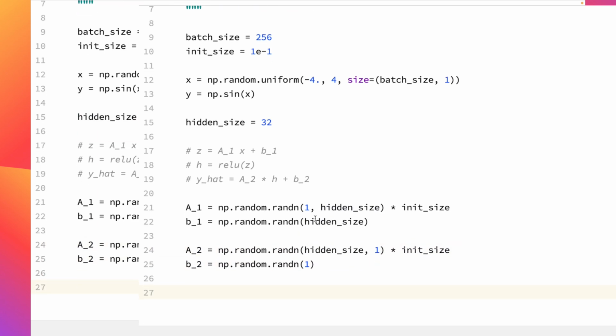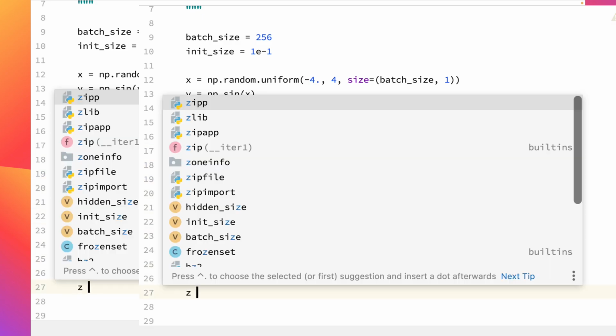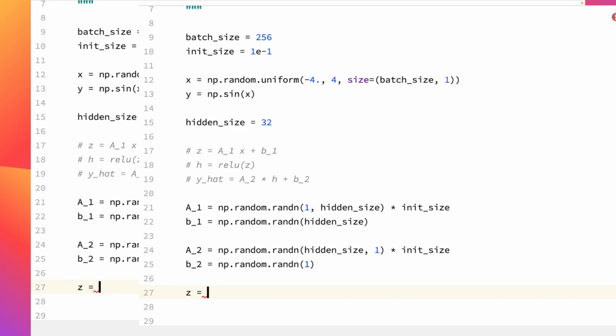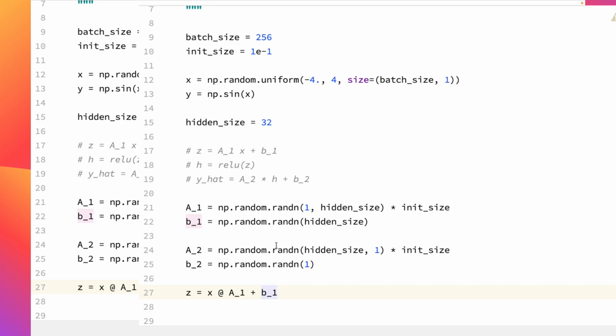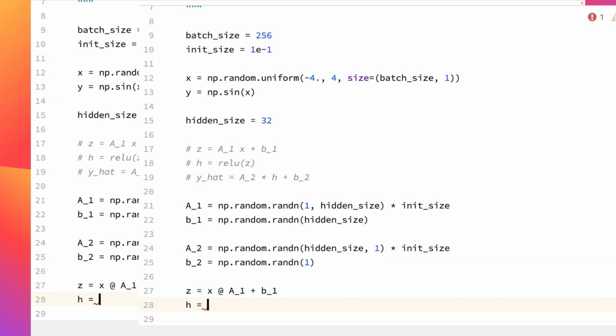And then the equations will go something like z equals, so x is of size batch size times 1, so we do this times a1 plus b1, and then h is ReLU of z.